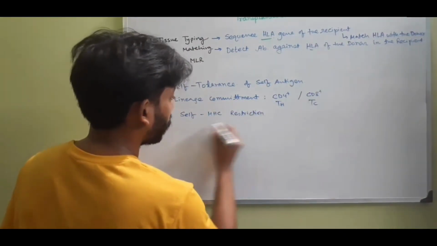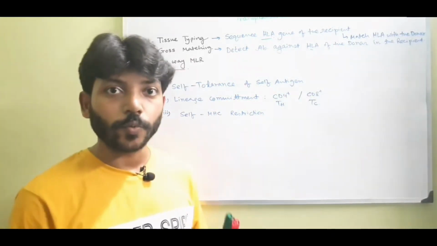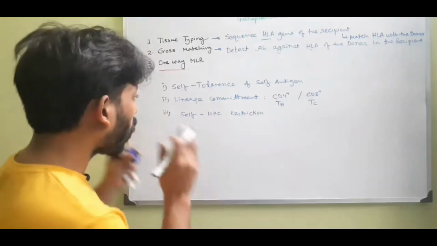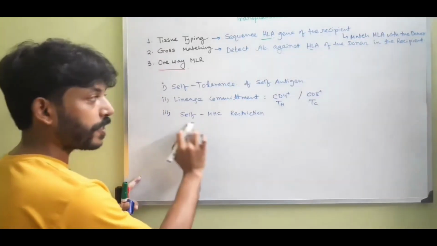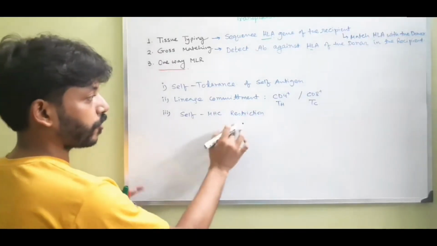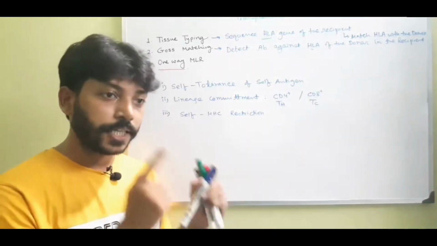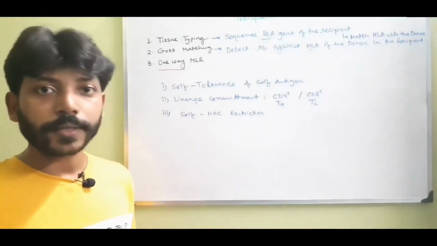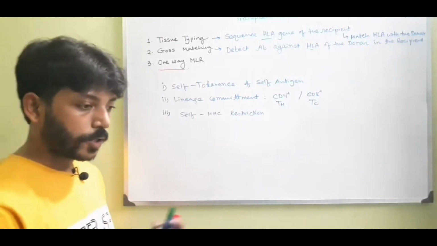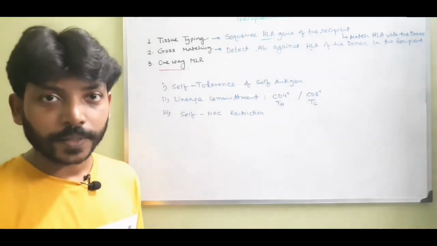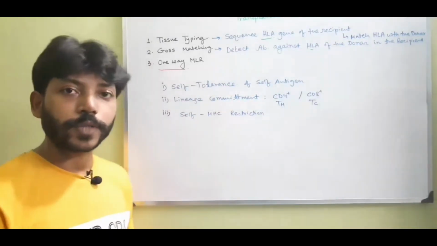That means the T cell that develops in one's individual body always recognizes only the self-MHC molecule. This is called self-MHC restriction. The T cell can only recognize the individual's MHC molecule, not other MHC molecules, because they are self-MHC restricted. Those that do not recognize the self-MHC molecule die. Those that recognize the self-antigen with high affinity also die.